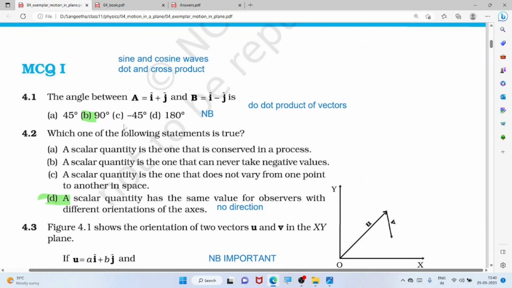Now find the angle between the vector A, that is i plus j, and B. So we have to find the dot product as well as the cross product of the vectors.